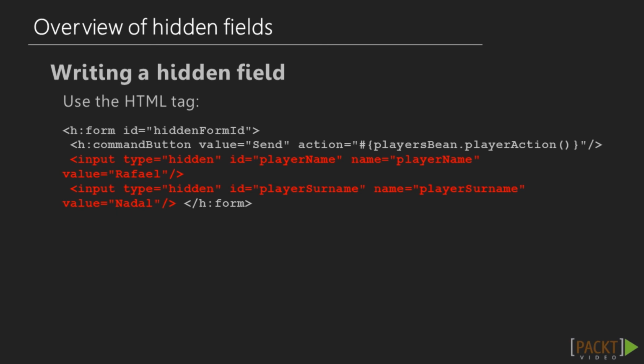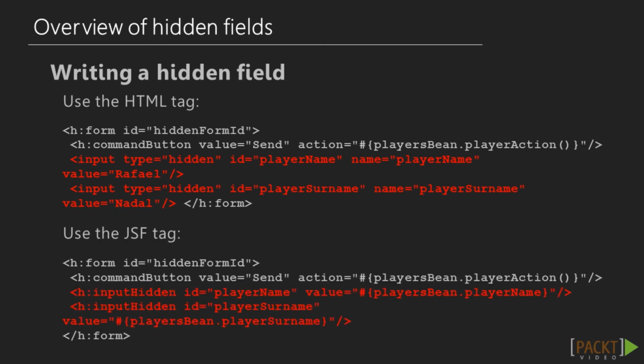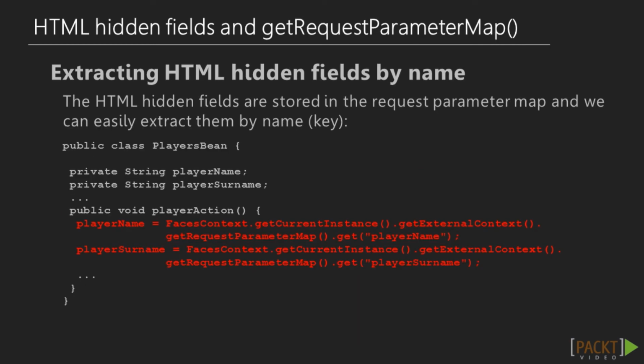This approach is useful if we don't need to link the value of the hidden field to a property of a bean. But when we need to have the hidden field in the component tree and to be linked with a property of a bean, then we should use the JSF h:inputHidden tag.